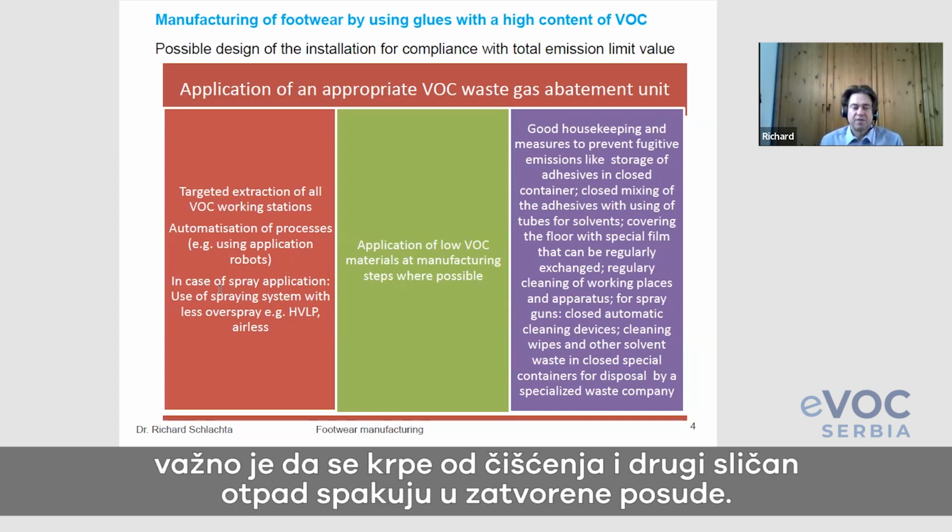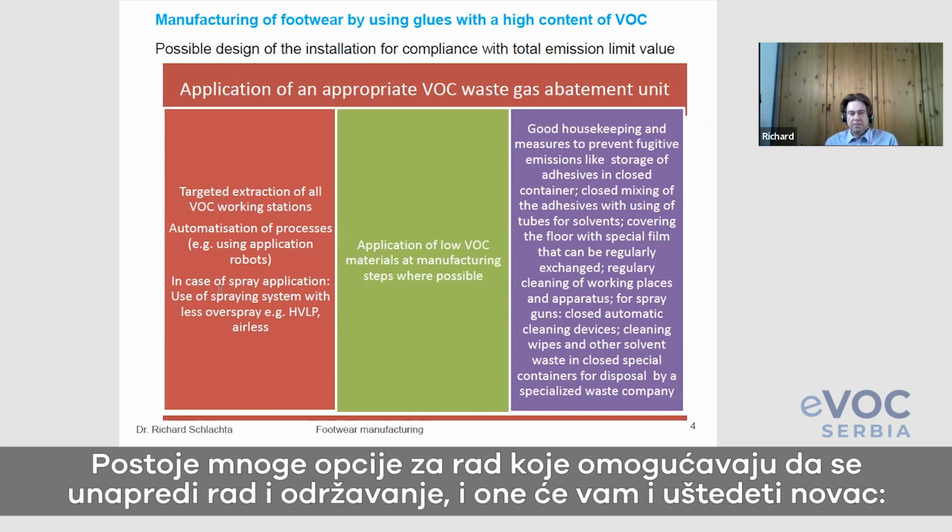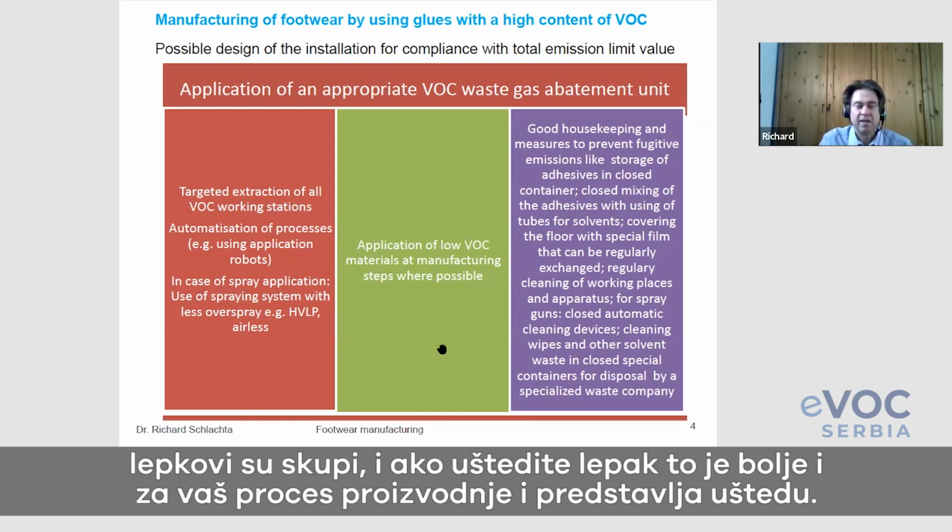And for example, cleaning wipes and other solvent waste, it's better to take these in a closed special container. So there are a lot of operation options to improve the good housekeeping and the operation at all, and it will save you money. That's important to understand, because the glues are expensive, and if you save glues, it's better for your production process, and it saves money.